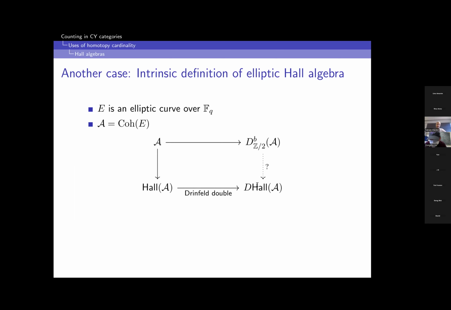And you expect that you should get this elliptic Hall algebra, this Drinfeld double, directly somehow from the category of Z mod 2 graded complexes of coherent sheaves on E. But there's no intrinsic construction here. So that's going to be a special case of what we're going to define.